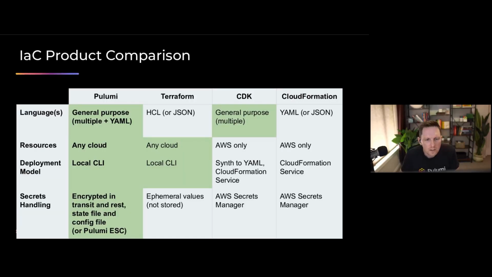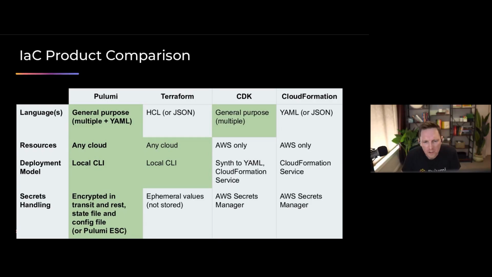Here's just a quick comparison, because I think when I mentioned that, the next question is always, well, what about Terraform, or what about CloudFormation, etc. So this table kind of goes through that. You can see, Pulumi has a really good answer for secrets, which is important. But the big thing here is Pulumi lets you use a general purpose programming language, and it lets you work on any cloud, right?